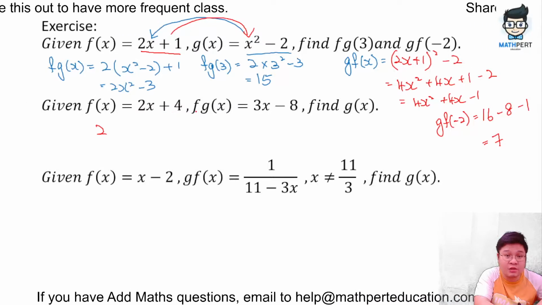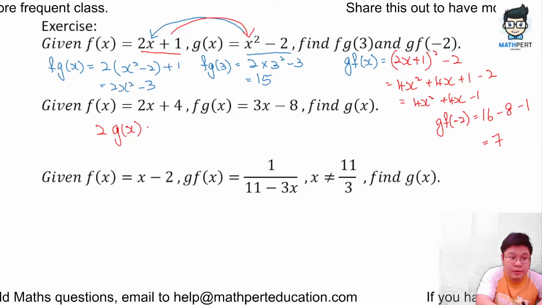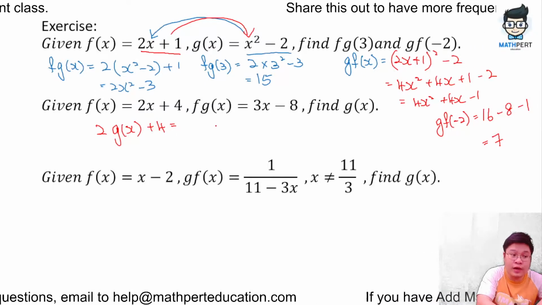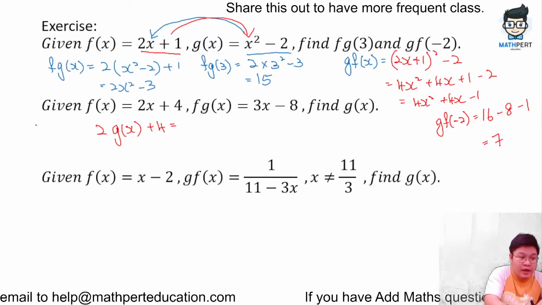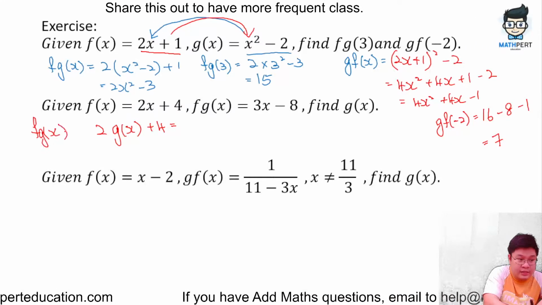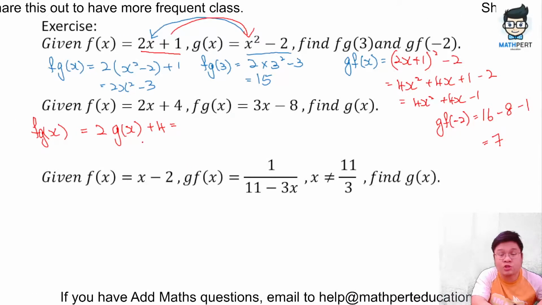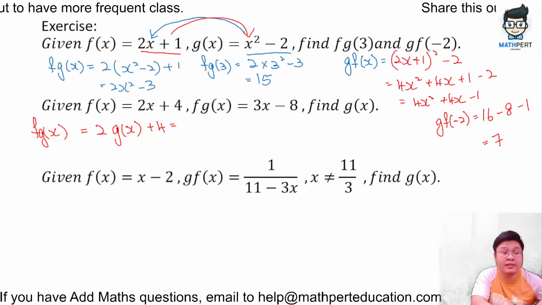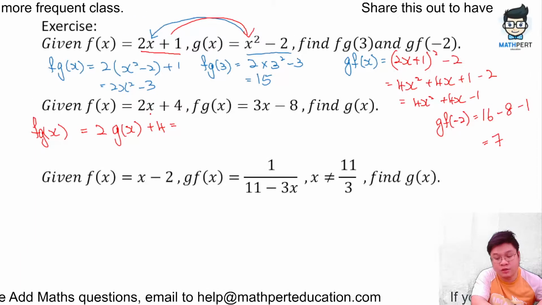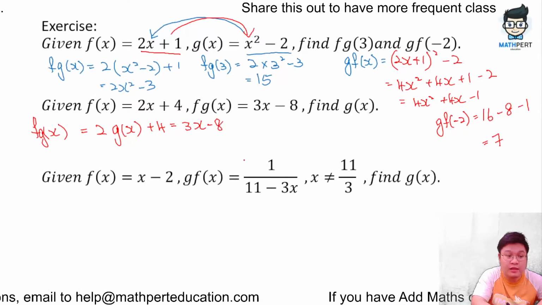So if I substitute g(x) into it, it will be 2g(x) plus 4 equals to what? fg(x) is equal to this. Right? We are just substituting g(x) into the x inside this function. So it will get 3x minus 8.